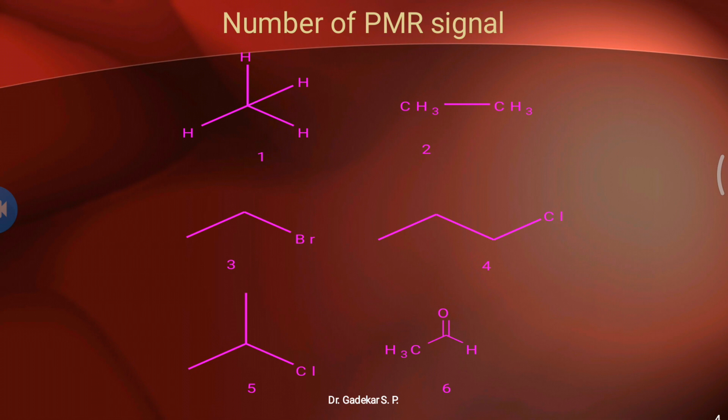But in the fifth example, 2-chloropropane, the 2 methyl groups are in the same environment, so they are chemically equivalent.